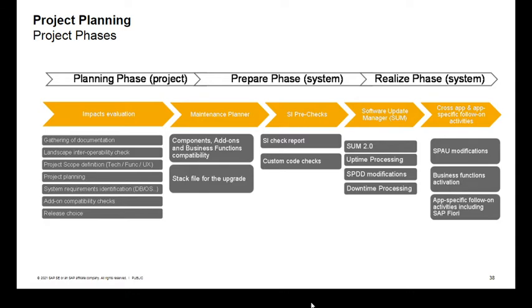Just to make sure that your extensions are also compatible with the target release. And last but not least, some follow-on activities also for Fiori. So you would typically be bringing in a number of new applications, a number of new Fiori apps that you leverage the new capabilities. And of course, these need to be planned for as well and rolled out. Okay, let's move ahead.